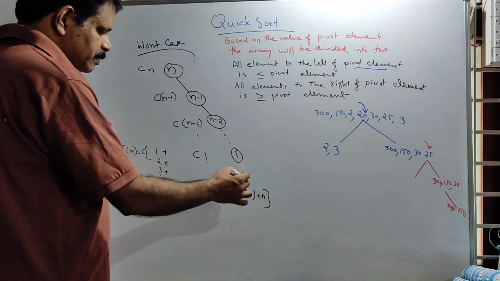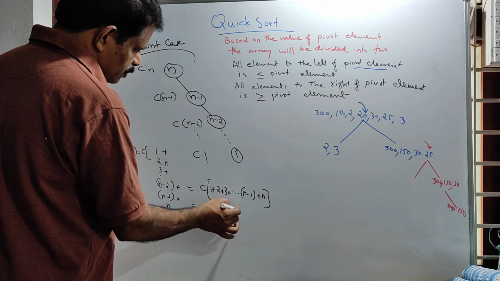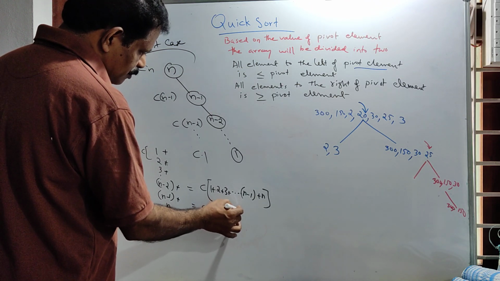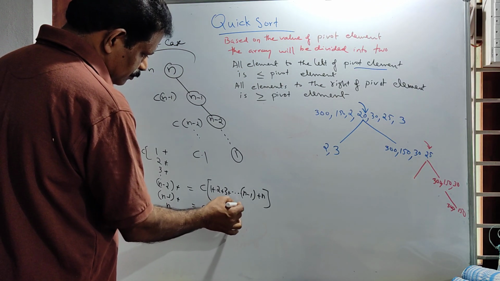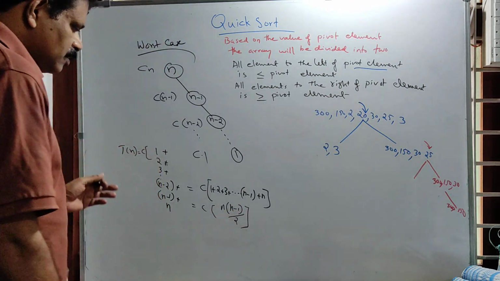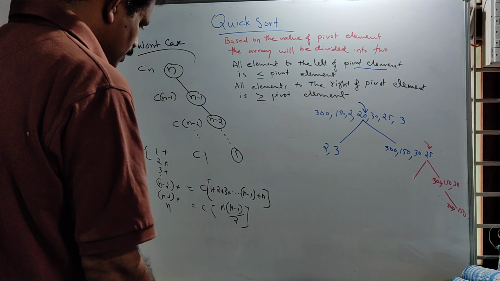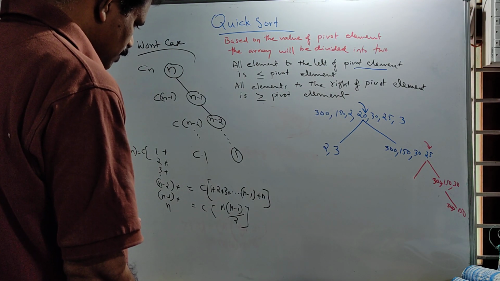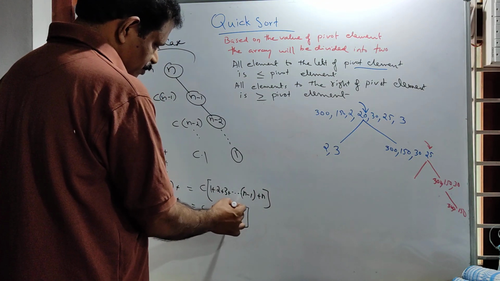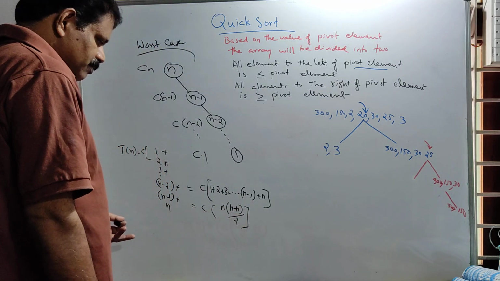What is 1 plus 2 plus 3 plus up to n? Sorry, n into n plus 1 by 2. It is n into n plus 1 by 2.